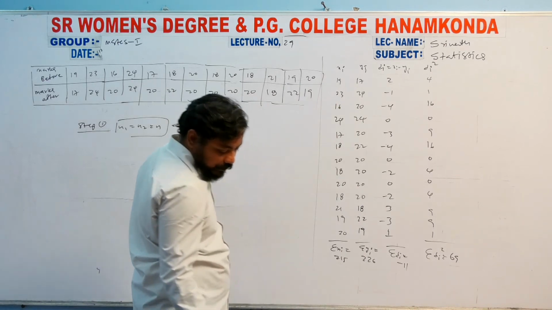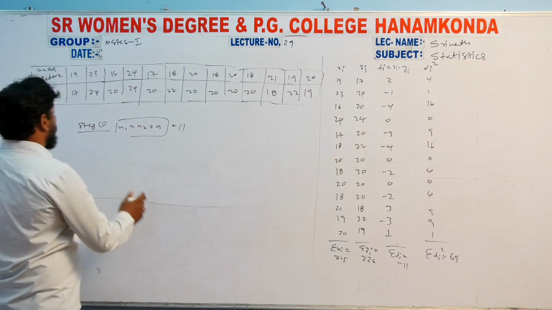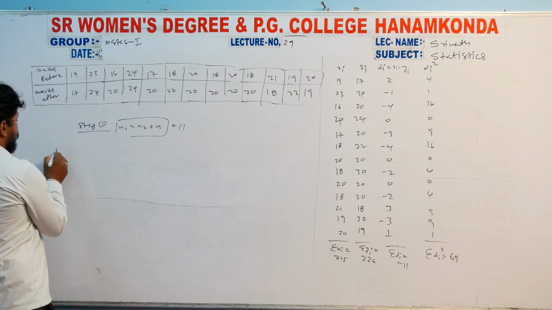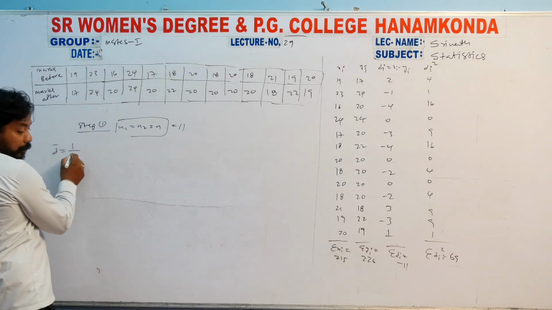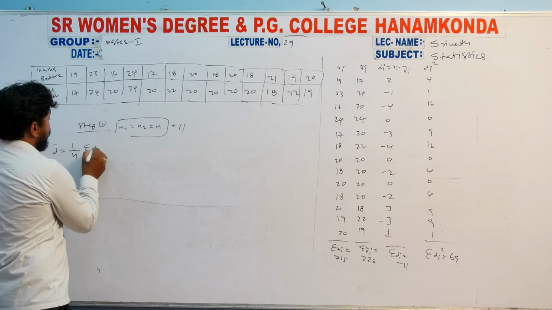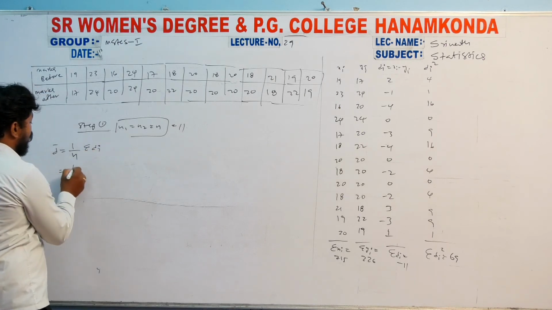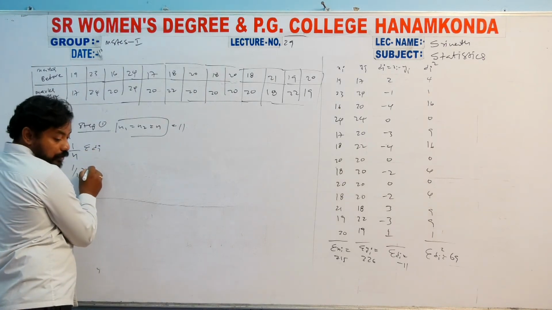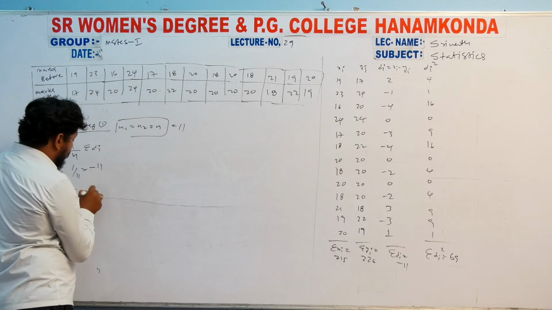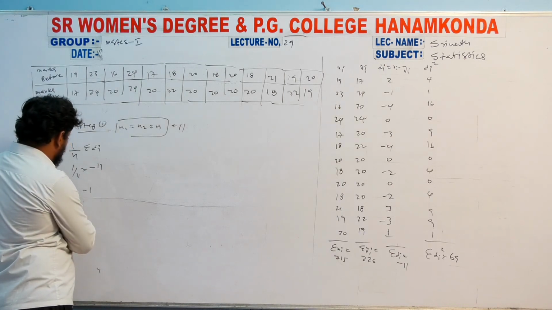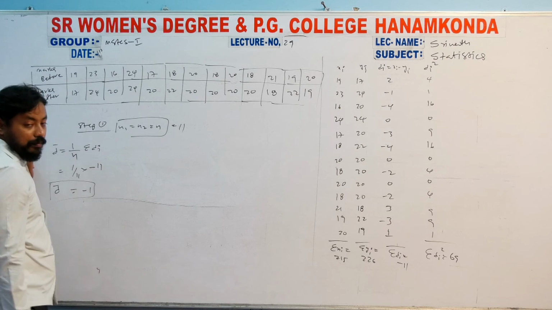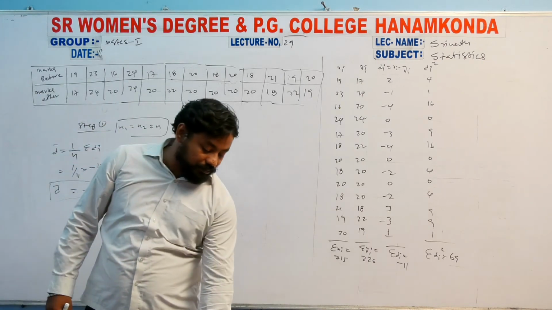Finally, we want to find out the d bar is equal to 1 by n summation di, equal to 1 by 11 into minus 11, which is minus 1. D bar is equal to minus 1.